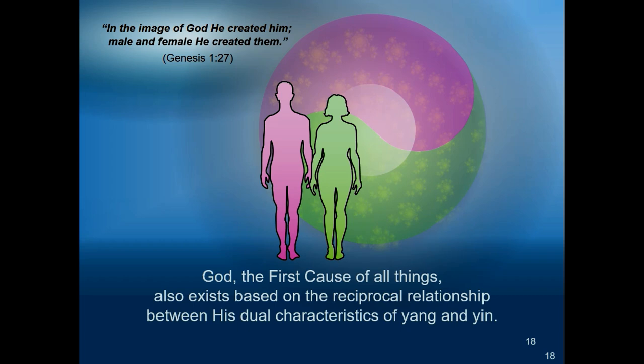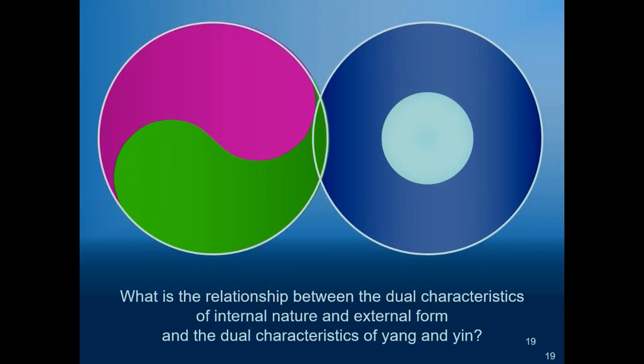God, the first cause of all things, also exists based on the reciprocal relationship between his dual characteristics of yang and yin. What is the relationship between the dual characteristics of internal nature and external form, and the dual characteristics of yang and yin?